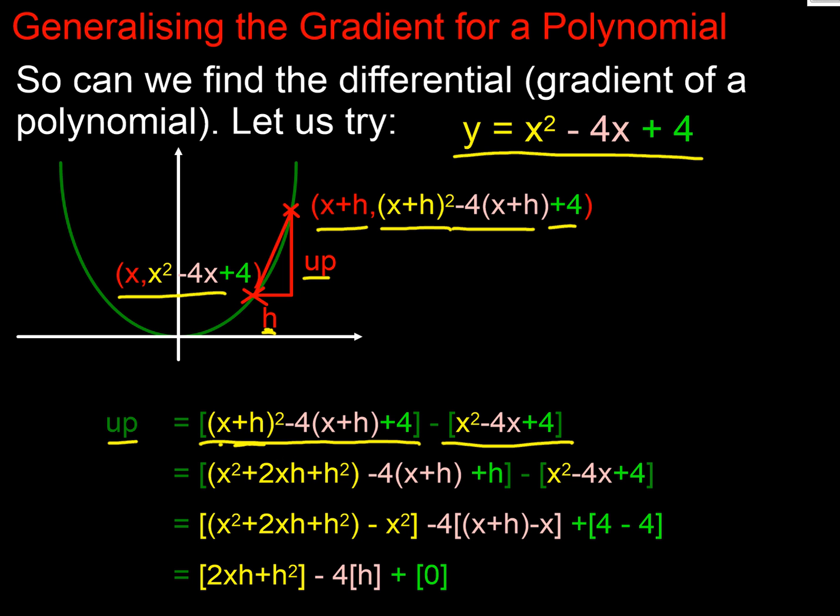So it's this yellow part here, the x plus h squared, is there in the upper point, and there's the x squared in the lower point. And there it is once we've expanded it. And then we can bring those two parts together, so I can bring that down there. And what we're left with, that yellow part, is the difference in heights due to the x squared.